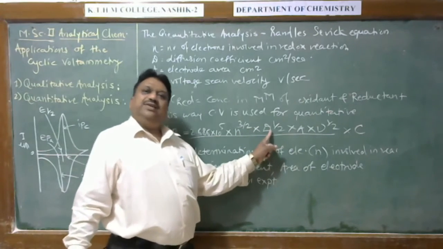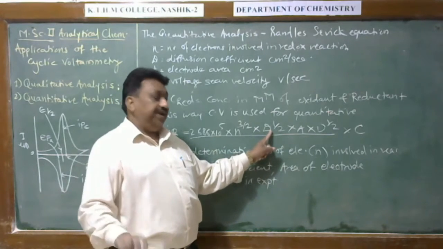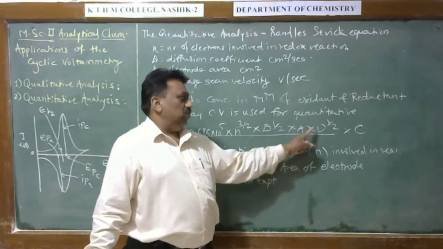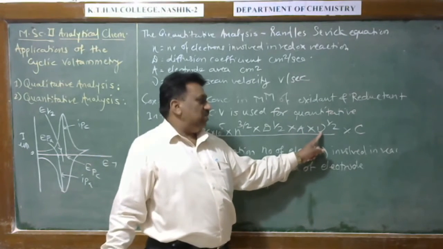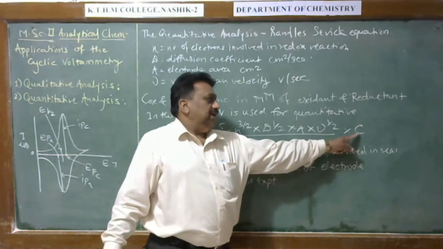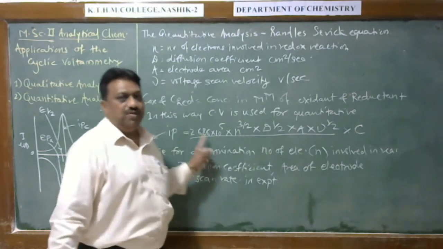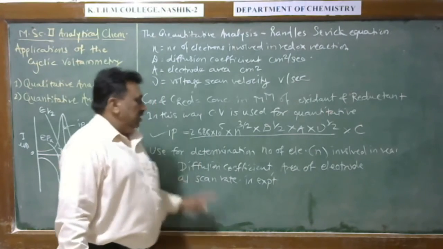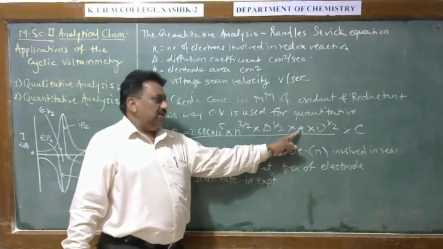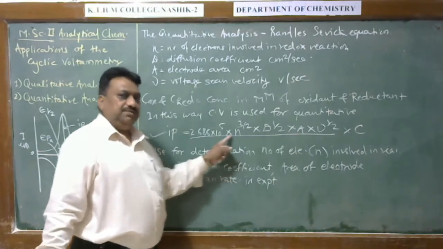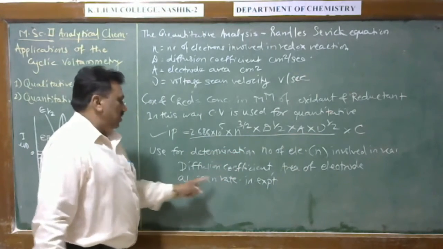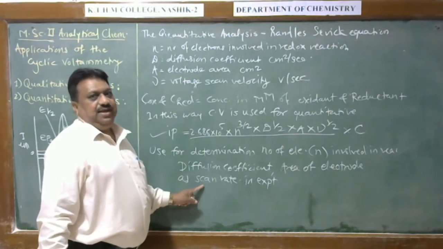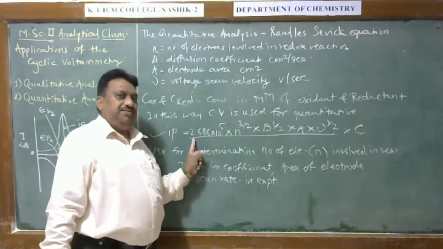We also determine the diffusion coefficient of that oxidant or reductant, the electrode area of that working electrode, and the voltage scan velocity for that experiment if we know the concentration of that particular species, and all other parameters are known. Any one parameter we can determine, that may be number of electrons, diffusion coefficient, area of electrode, voltage scan rate, etc. by using the Randles-Sevcik equation.